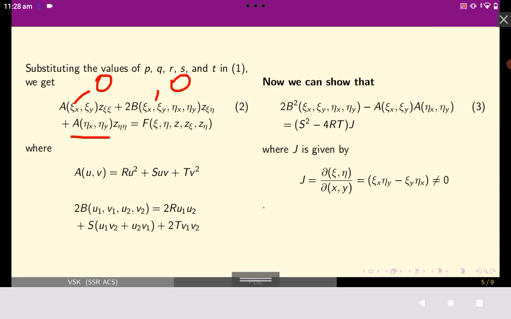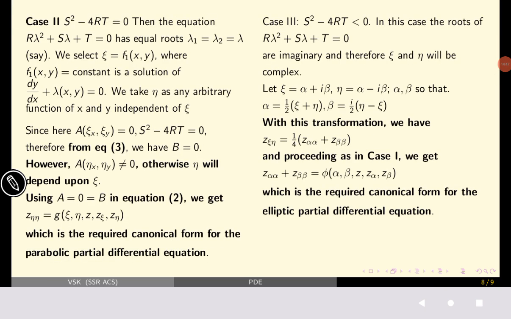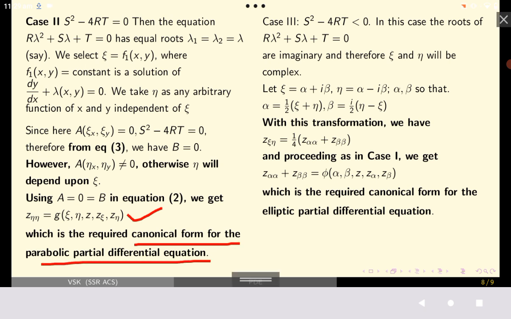And this is not equal to 0, because otherwise eta and xi will be dependent. So from this, taking this side, we get ultimately the result that z eta eta is equal to this, which is the required canonical form for the parabolic partial differential equation.